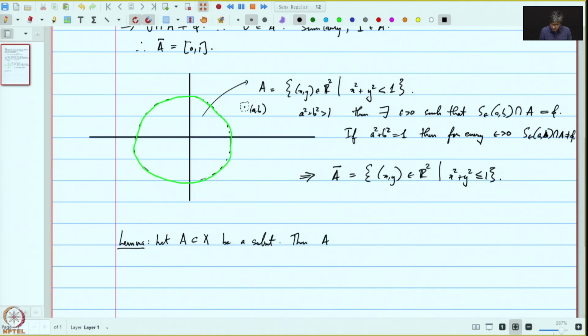Then A closure is closed in X. So this justifies the name closure. Okay, so let's prove this.